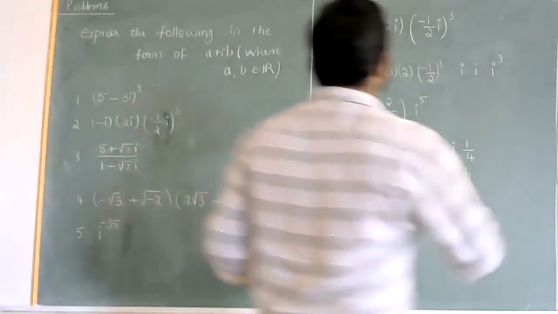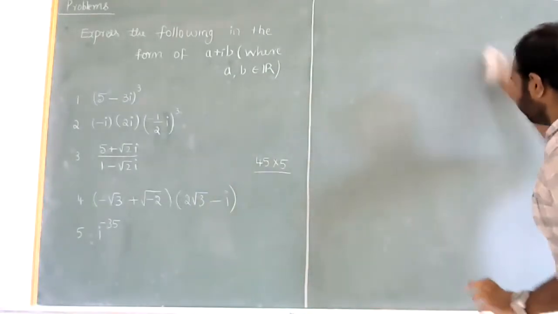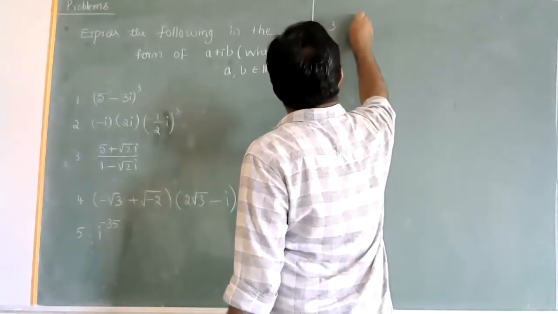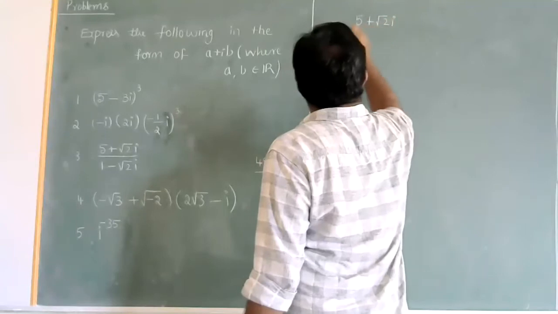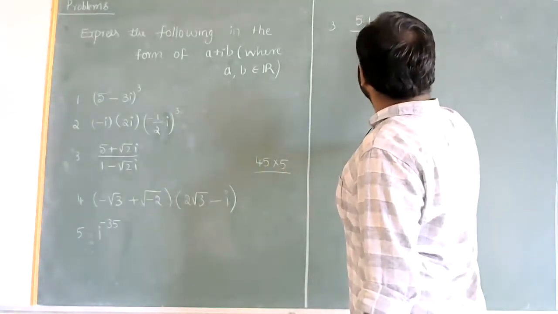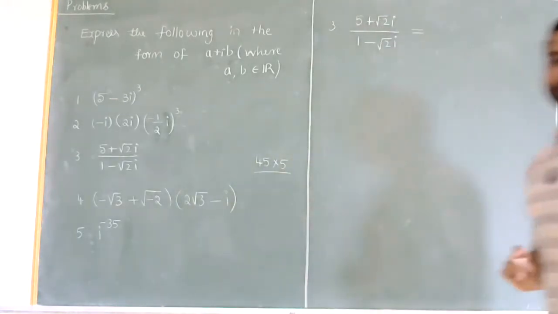Now we shall come to the third one. The third one is (5 plus root 2 i) divided by (1 minus root 2 i).